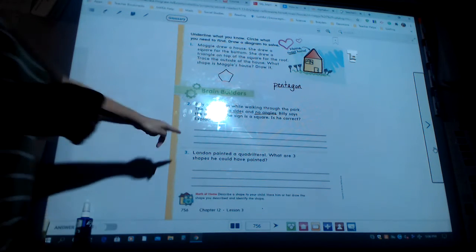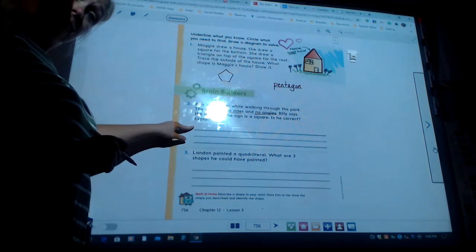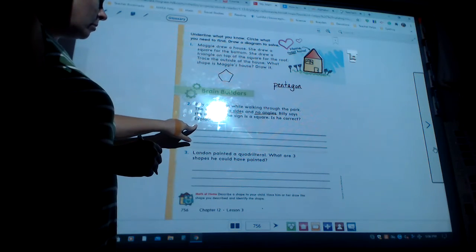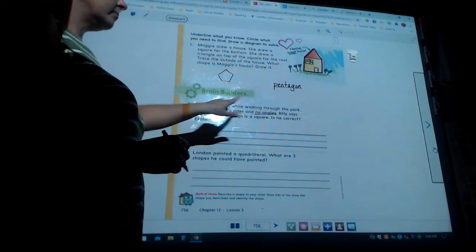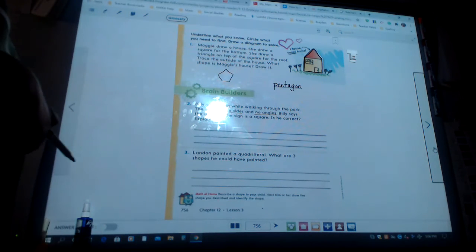And Billy thinks it's a square. Is he correct? You need to write your answer here. So it's either yes, he's correct, and you tell me why. Or if he's not correct, you say no, because, and you tell me why he's not correct.